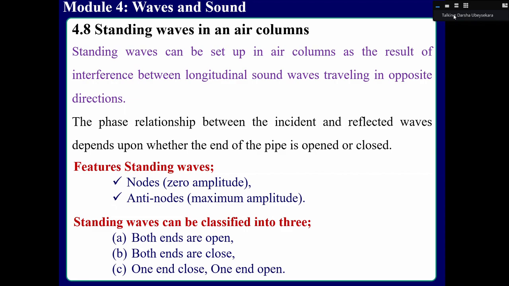First of all, you note down, write the subheading as the standing waves in an air column. Then you can note these things as point forms. The first point, you can write the introduction for the standing waves in an air column, which is in the purple color. Then you can note down these features and the classifications. Please write it down.